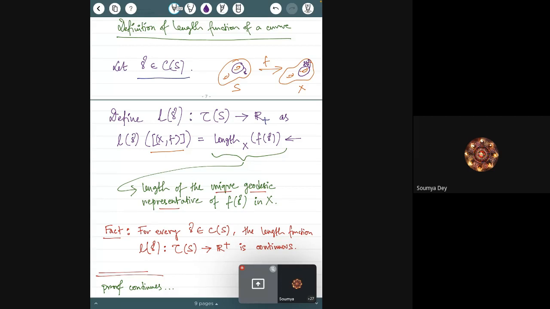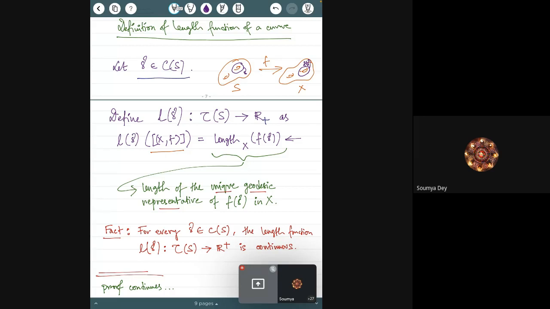Now f of gamma sits inside the hyperbolic surface, so you can talk about lengths here. This theorem says there is a unique geodesic representative, a geodesic which is homotopic or isotopic to this curve f gamma, and there is no other geodesic in that class. You consider the length of that particular geodesic, and L gamma of xf is that length.